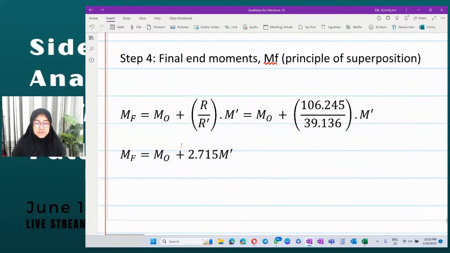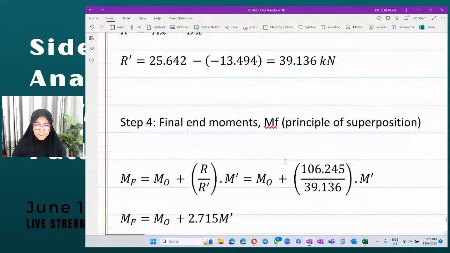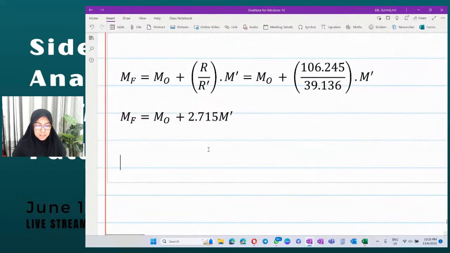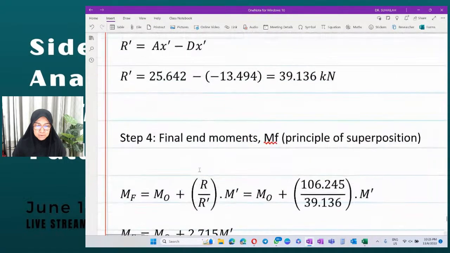So we use this to calculate the final end moment. So I'm back to the table.